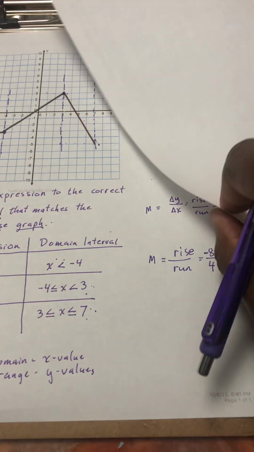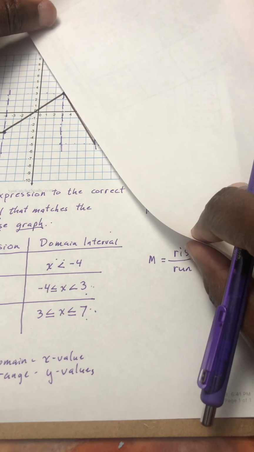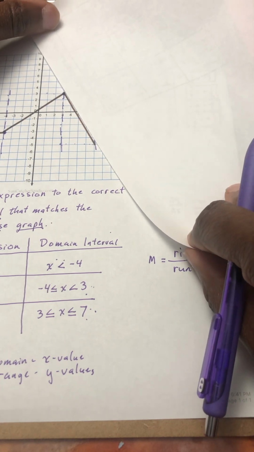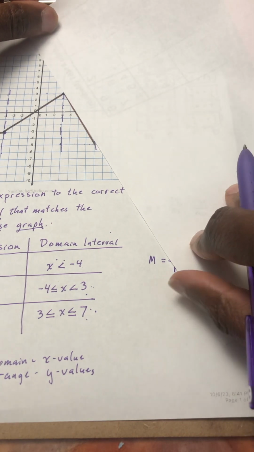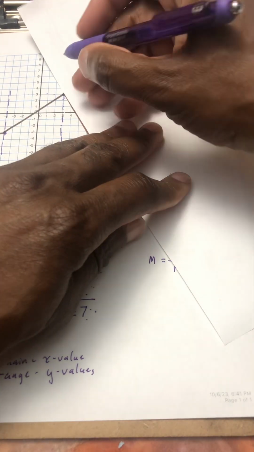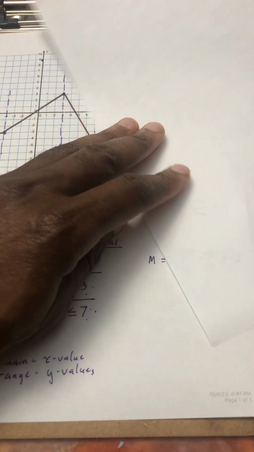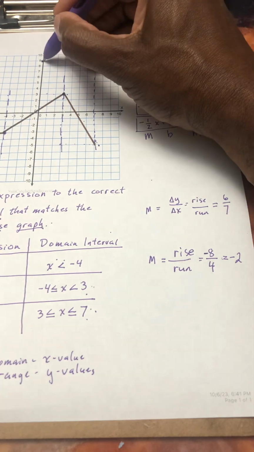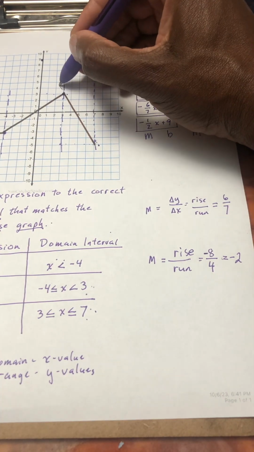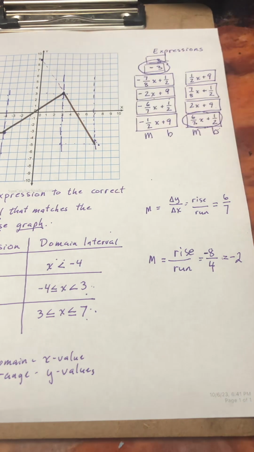Let's take a look. If I extended this and let the line keep going straight up, it's going to go all the way to 9. That's the y-intercept. So that means I found my second one.